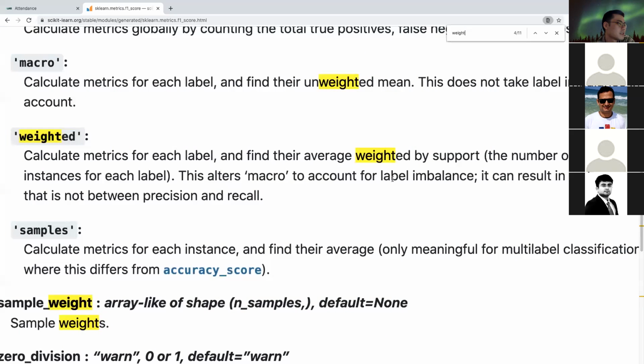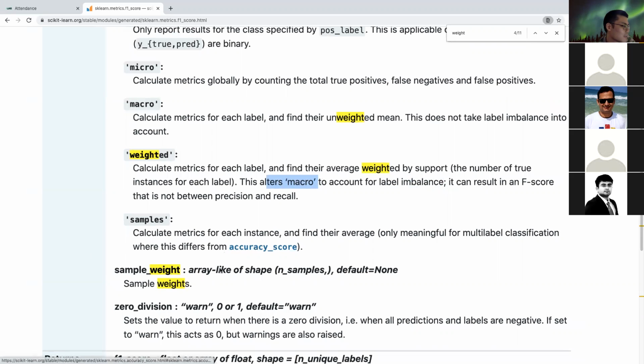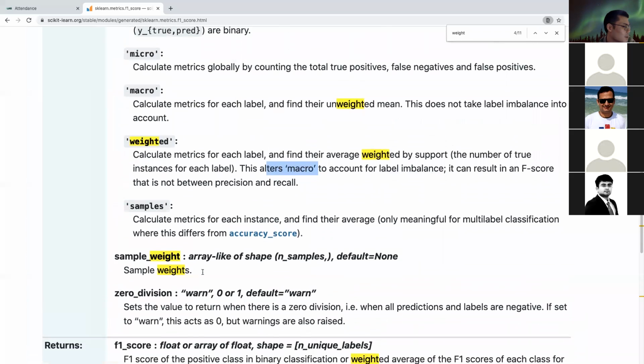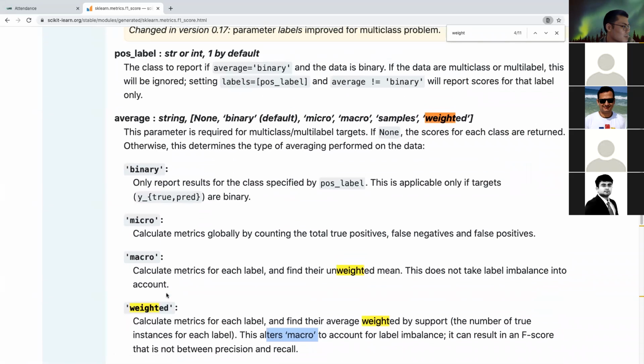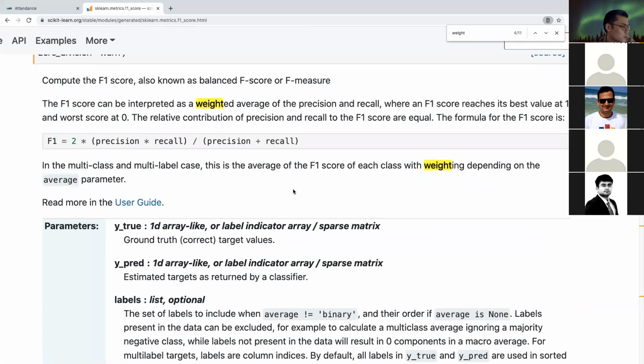Actually, this alters macro to account for label imbalance. Macro does not consider label imbalance, so weighted actually considers the label imbalance. Then I think this is sample weight, so they should have how they compute the weight.